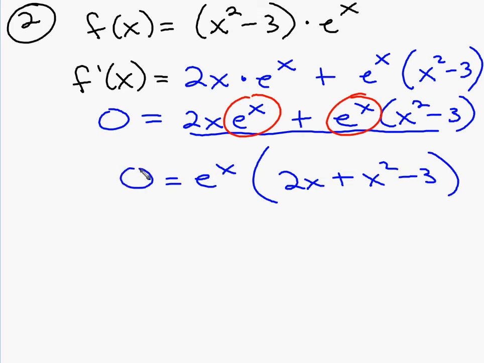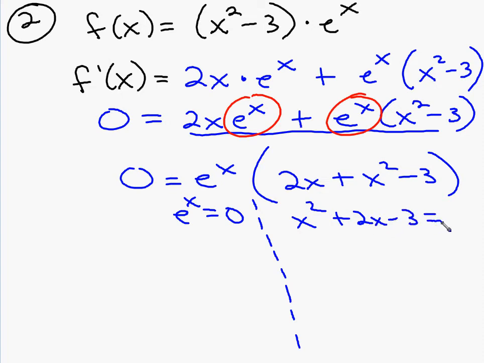And now we have this written as a product, which means I can use the 0 product property like we do when we're factoring and set e to the x equal to 0 and set this quadratic equal to 0. I'll write it in its normal order. And now we have two separate little problems that we can solve.